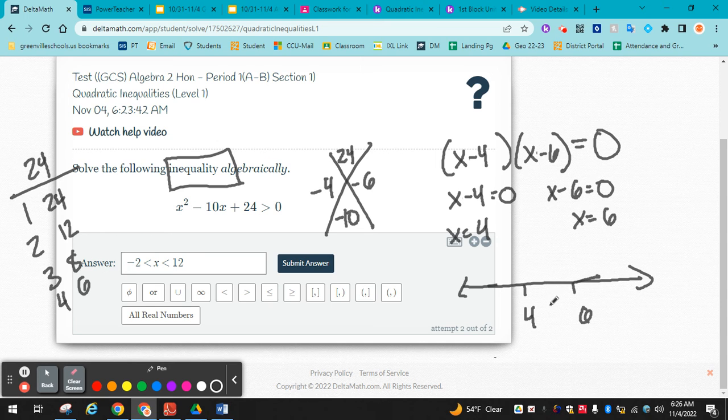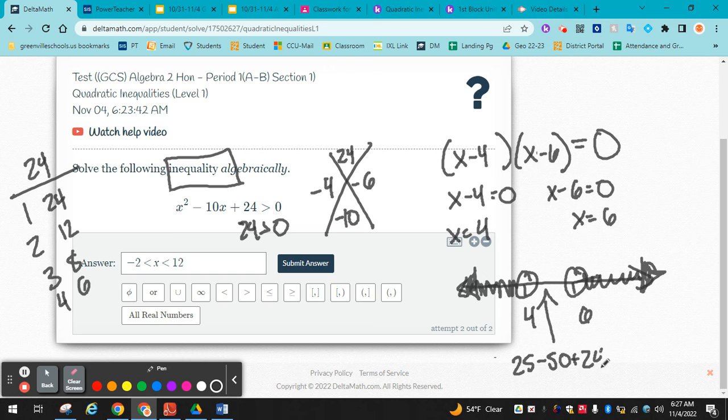Now I can't test 0. Well, I did check 0 already. 24 is greater than 0, it's true, and that's out here. Open, because it's greater than. If I was going to check a middle number, that's where I usually check, instead of checking all three, I just check the middle. So if I check 5, 5 squared is 25 minus 50 plus 24. So -25 plus 24 is -1. Is -1 greater than 0? False. -1 is not greater than 0, so it's not in the middle.